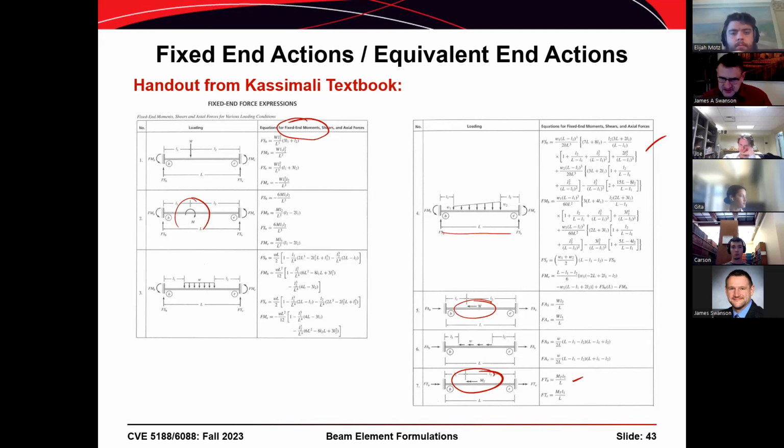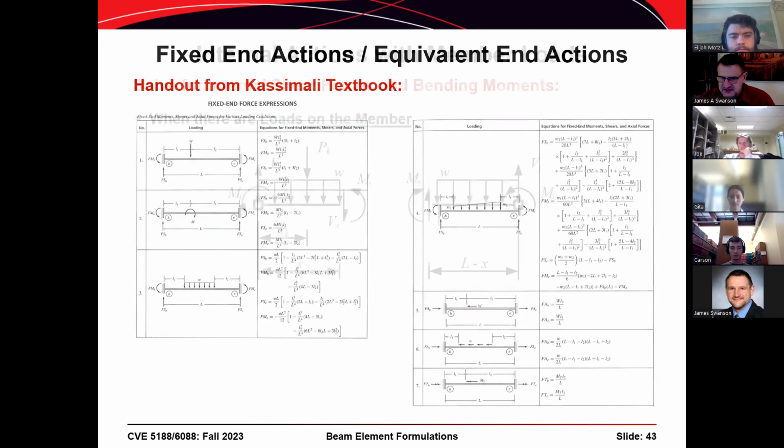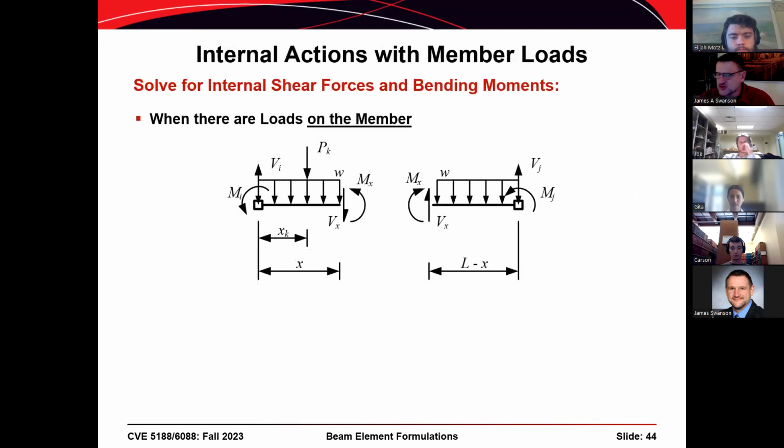One other complication that we have when we have member loadings on our matrix formulation is that the determination of the internal member forces after we've gone through the solution process is also more complicated. So this is basically the same approach that I was using earlier in the presentation when we solved for the internal member actions.